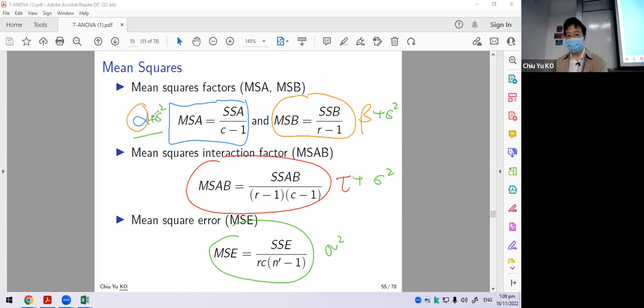So you compare MSA and MSE, there's an F test. You compare MSB and MSE, that is also an F test. You compare MSAB and MSE, also an F test. So you try to see if alpha is 0, beta is 0, tau is 0. Is that clear?